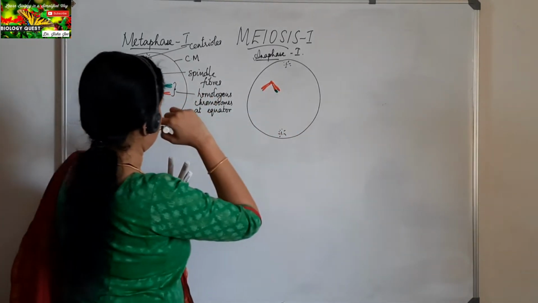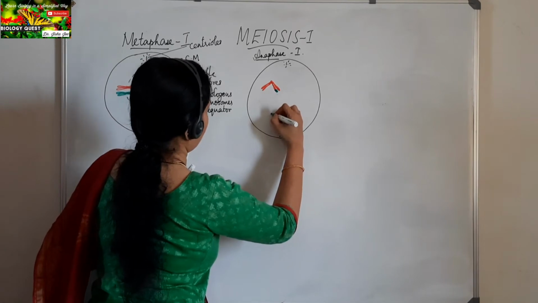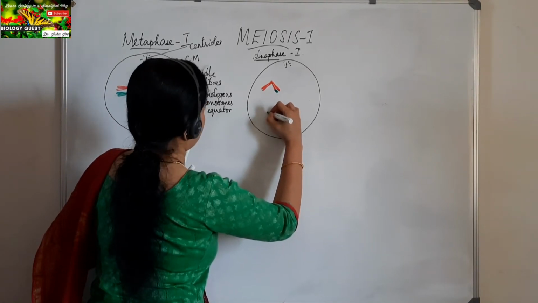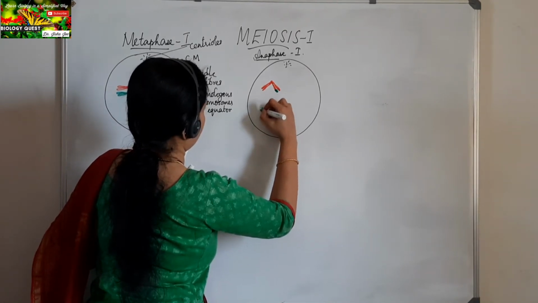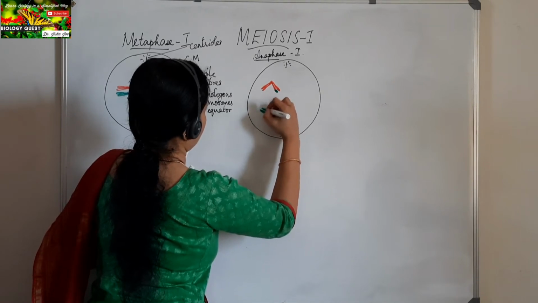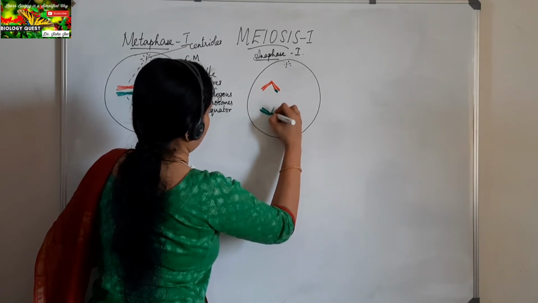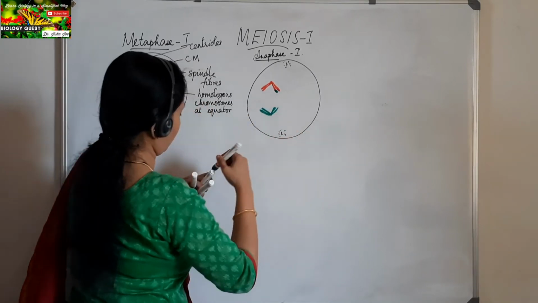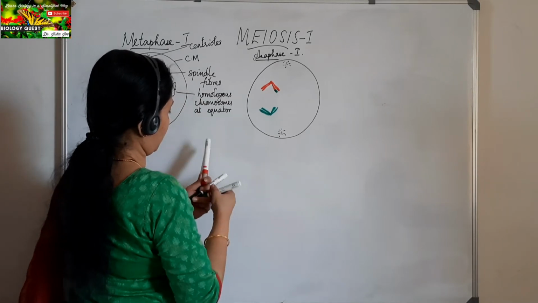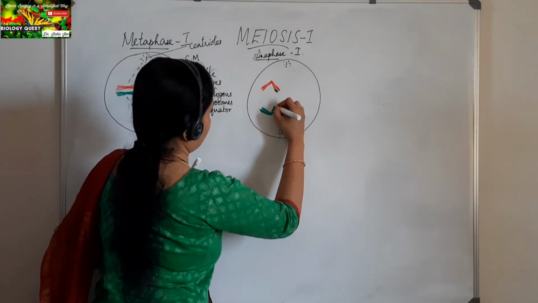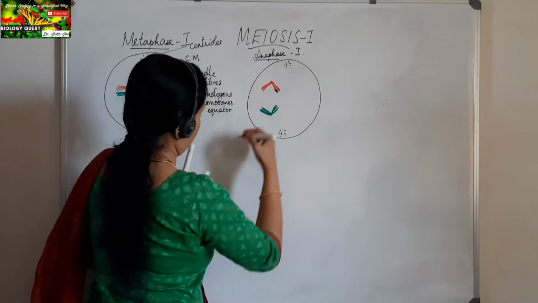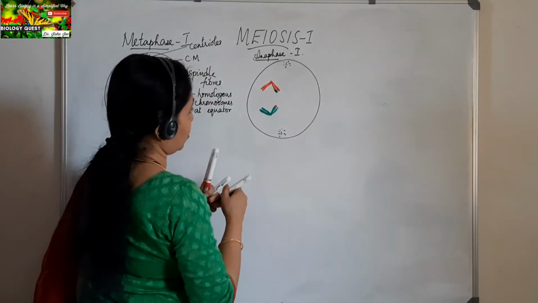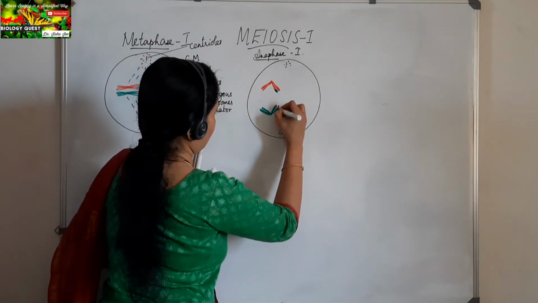That is the first chromosome on one side, and that is the second chromosome. You can see the color at the tip is different. That is because recombination has taken place there.